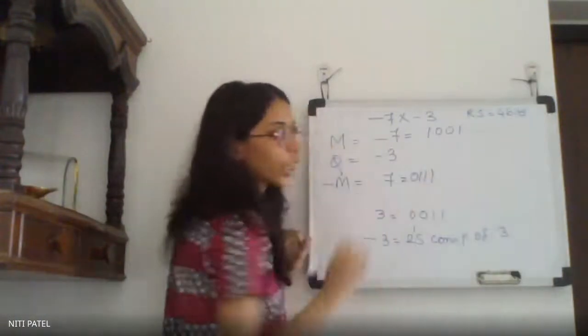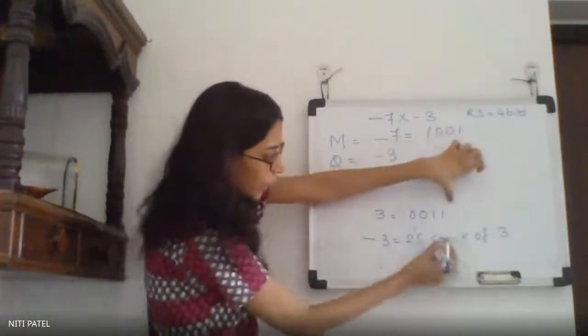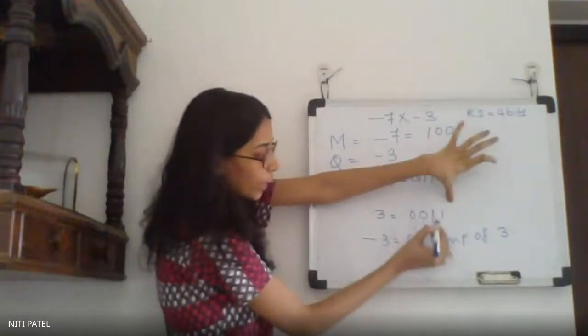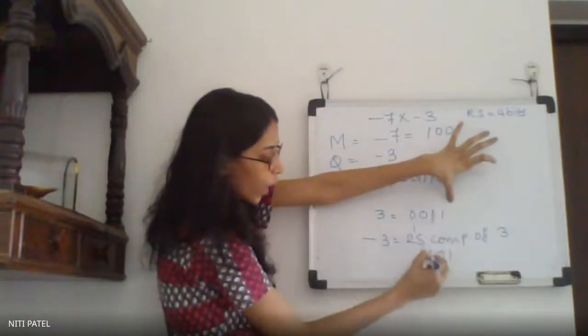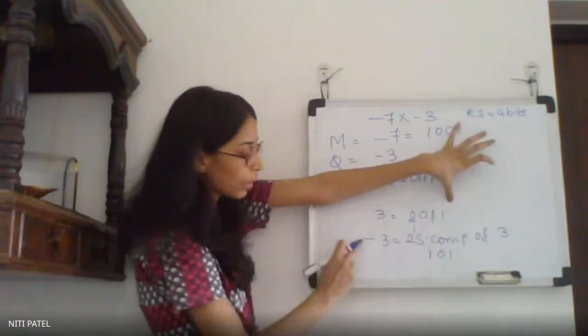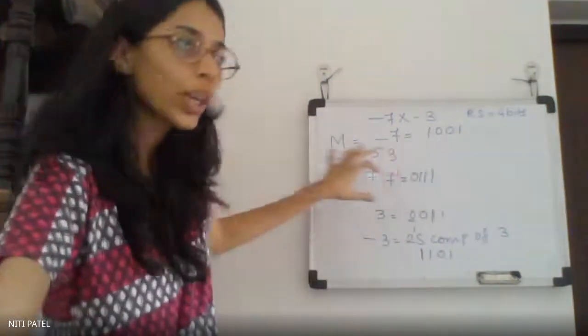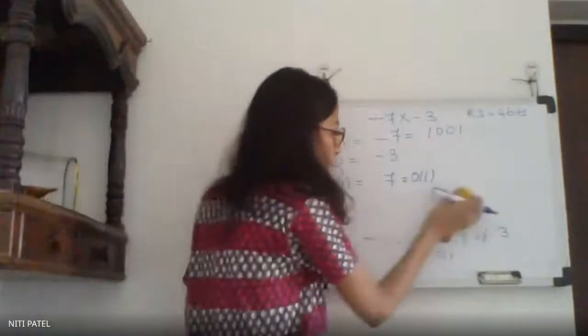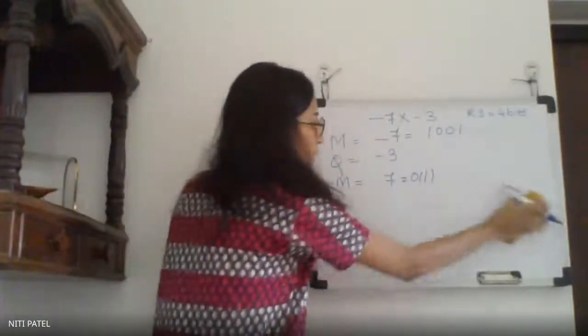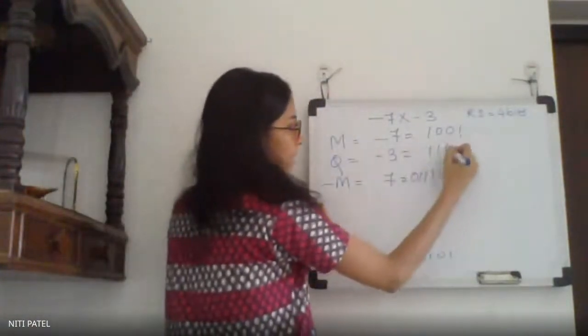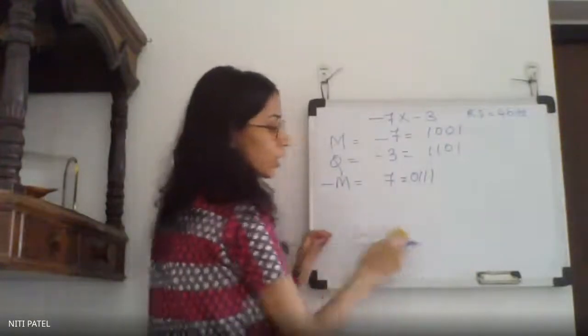So how do we find out 2's complement of 3? We keep this 1 as it is. 1 change to 0, 0 change to 1. But since the first number we have negative, so we'll make this as 1. So what will be the value of q now, which is -3? The value is 1, 1, 0, 1. Is this understood?